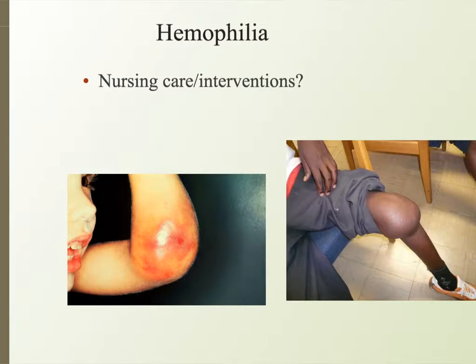Also with that, when we're elevating, we need to do some immobilization of the joint. And then afterwards, we need to do some range of motion. Now this is after that acute episode to keep strengthening that joint.